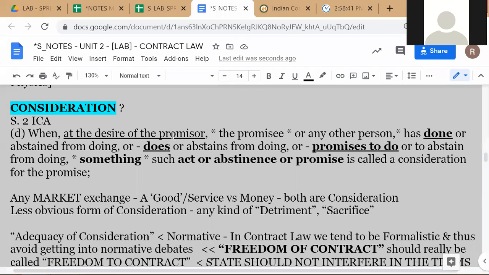This promise made by this person, following which he expresses a desire to either this person or this person, that please do this for me, do this specifically which I want. So if this person does it, then he has provided consideration for the promise, and he will have a right to sue, even under the common law.